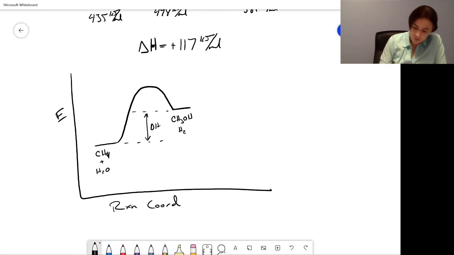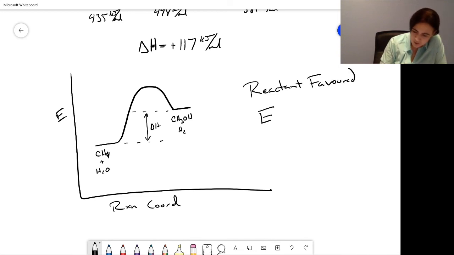So it would be reactant favored and also endothermic. So we can use both of these terms to refer to this, which means that it would require heat.